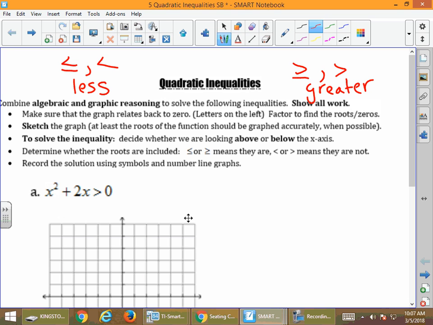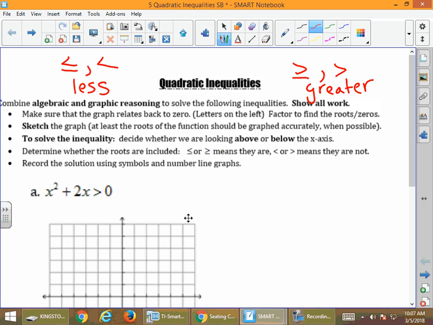And I'll try to point that out as we go along, because if we know those symbols, I think that can help us a little bit as we solve these quadratic inequalities. But we want to make sure that it relates back to 0, which means that our quadratic is on one side of the inequality and 0 is on the other. We can see on letter A that it does relate back to 0.